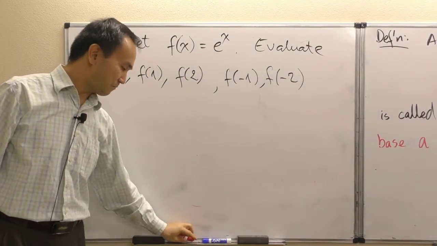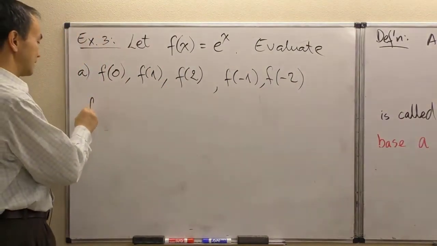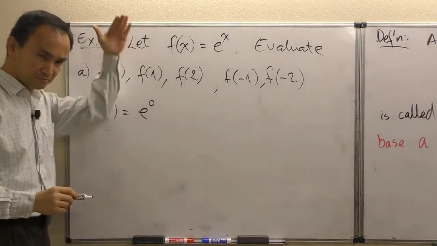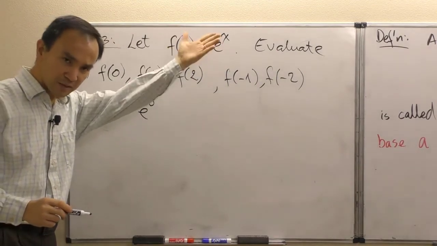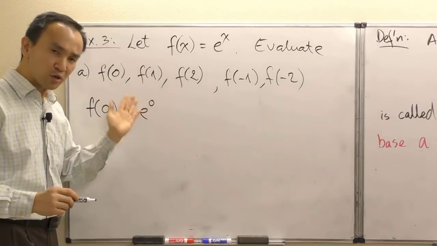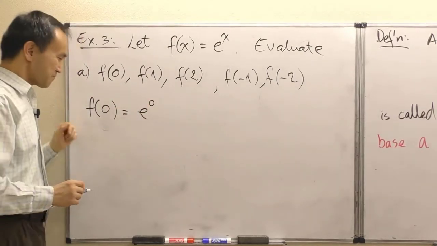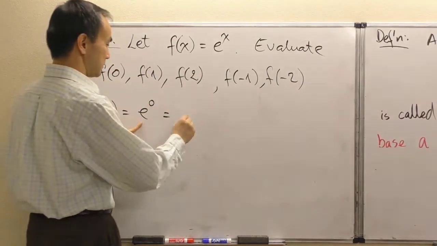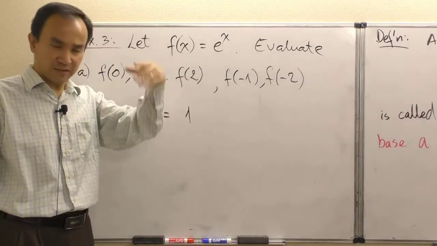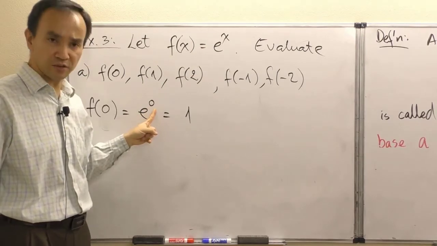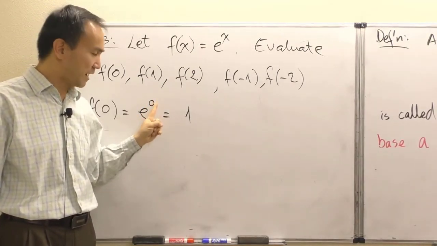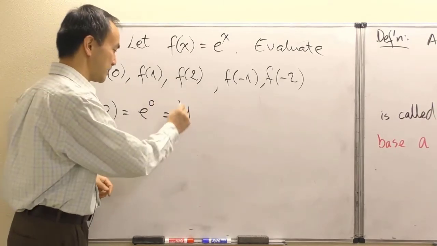Now f of 0 is e to the 0. Drawing on the experience from example 2, we can get things done at a much more sped up pace. This is 1. It doesn't matter what the value of e is, as long as it's positive and other than 1: a non-zero value raised to the power 0 equals 1. So that one's easy.